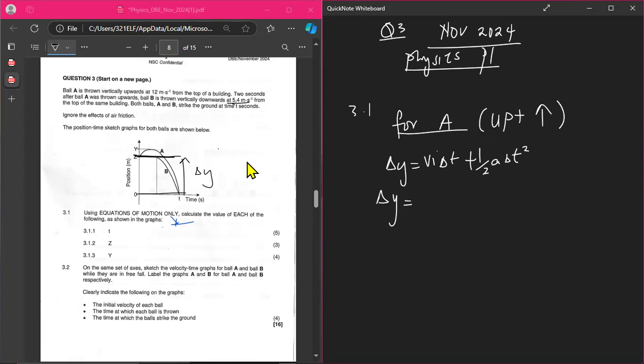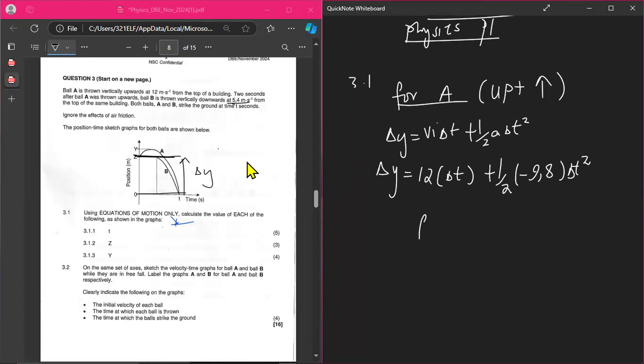So I'm going to substitute my acceleration as negative. My v_i is going to be 12, and the delta t is not known, plus 1 over 2, the acceleration is going to be negative since acceleration is always acting downwards. So this is going to be delta t squared. And then I finally found my delta y for A.